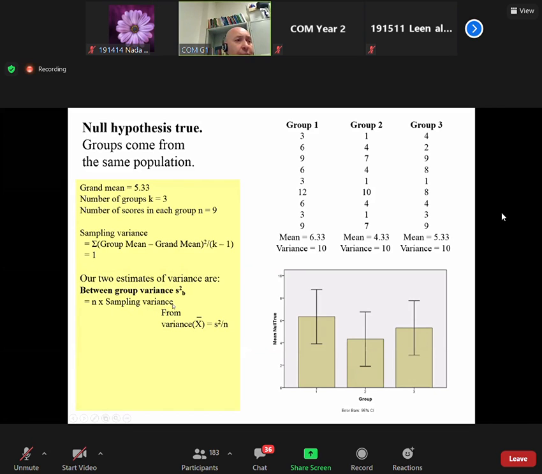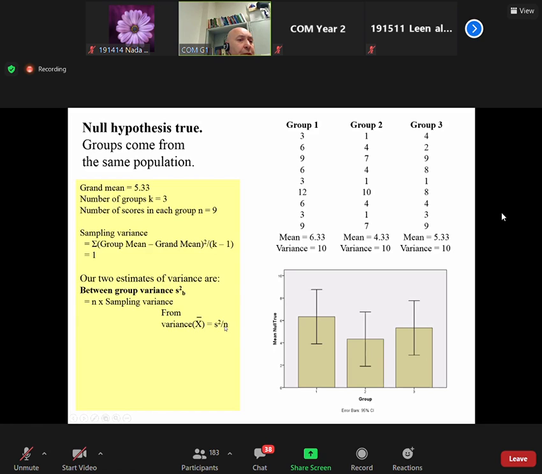Well, it comes from something that we've seen before, when I talked about the central limit theorem: the variance of x bar, so the variance of the means, is equal to the variance divided by the sample size. If you remember, I said that the sampling variance was inversely related to the sample size.